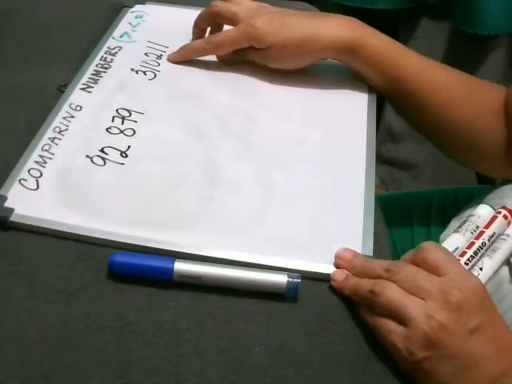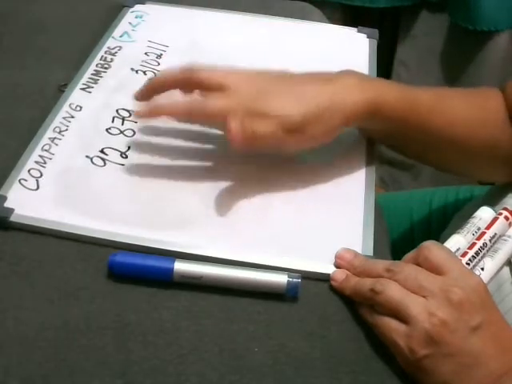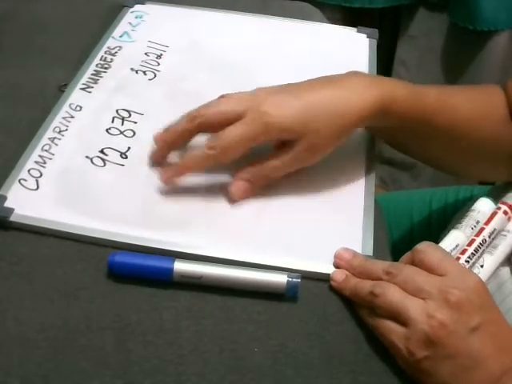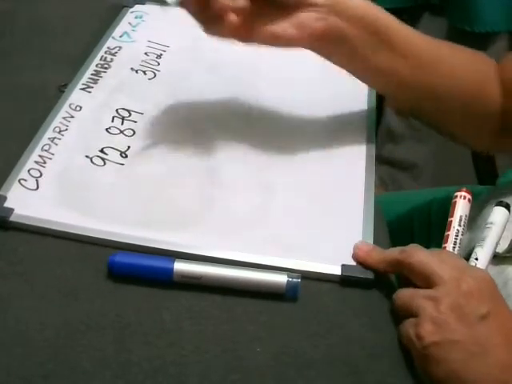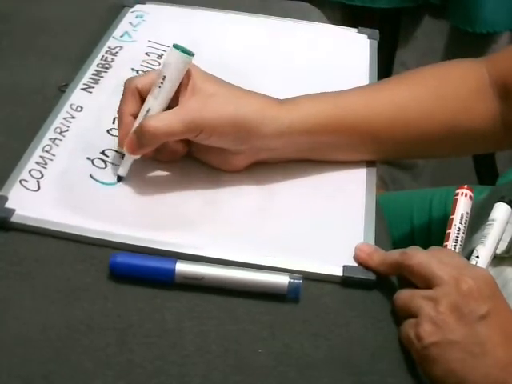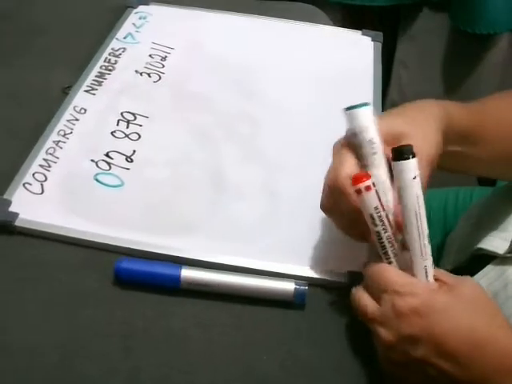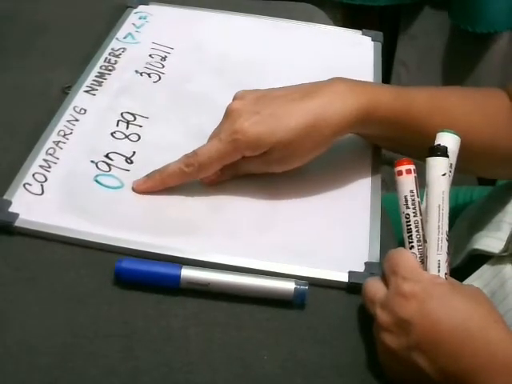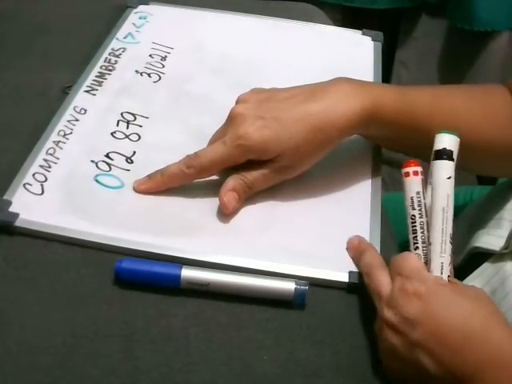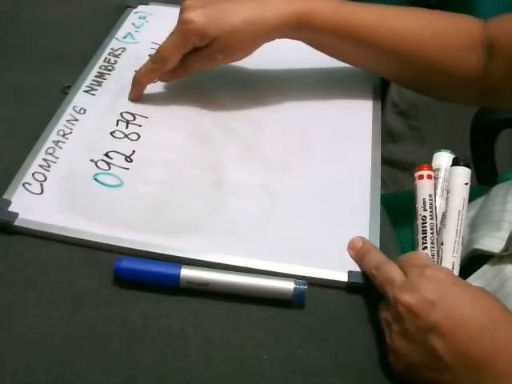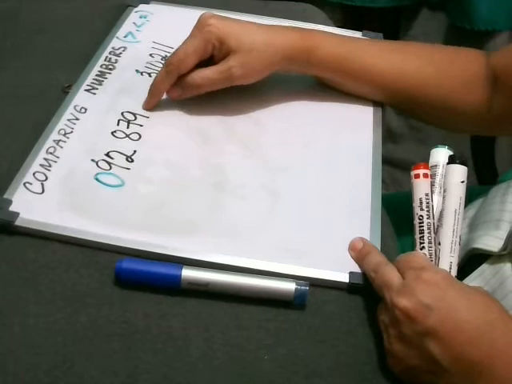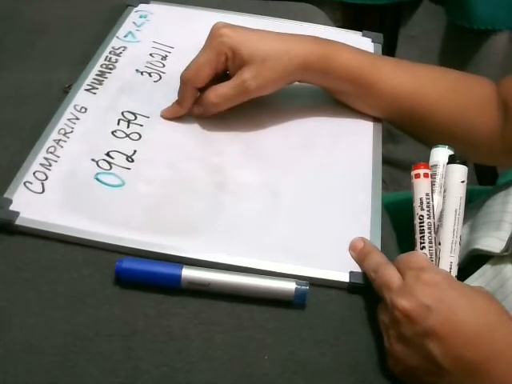So we have here 6 digits. Let's make this number a 6-digit number also. How do we make that a 6-digit number, teacher? We have to put 0 here because it has no value on its 100,000s place. Don't put it here, because if you put it here, it becomes another number.